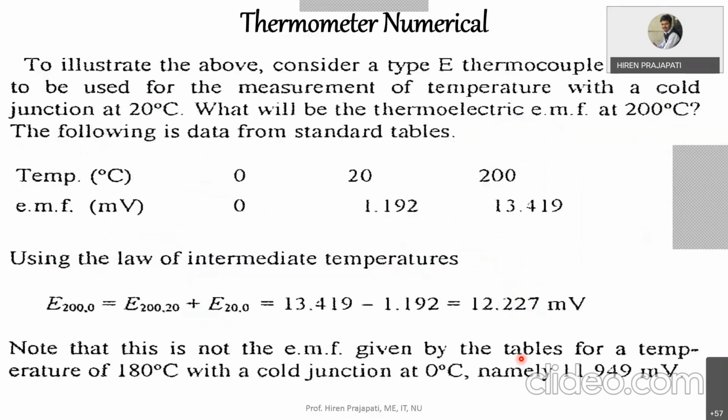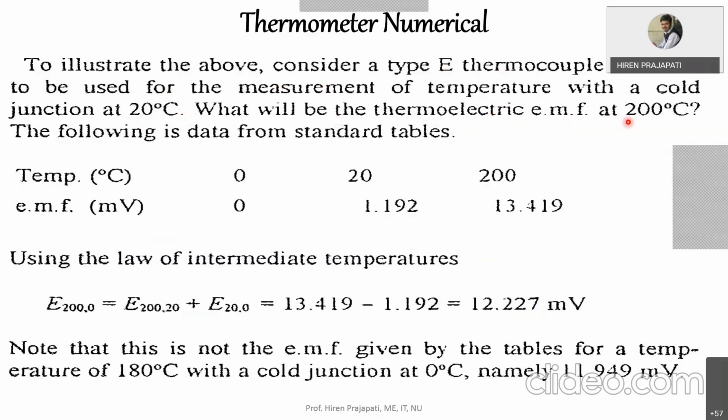Now, one simple example to understand the use of a thermocouple. Consider an E-type thermocouple which is to be used for measurement of temperature with the cold junction at 20 degrees Celsius. Remember, the cold junction is at 20 degrees Celsius. What will be the thermoelectric EMF at 200 degrees Celsius?